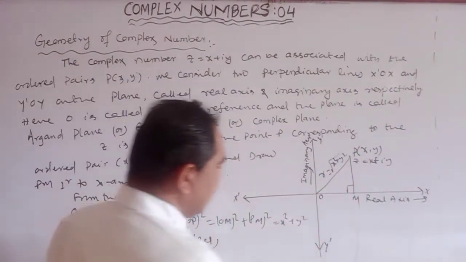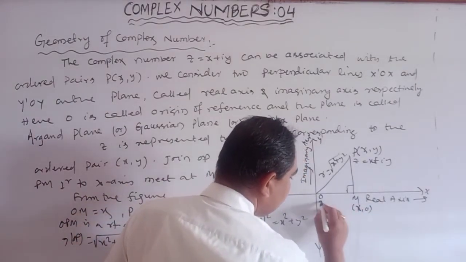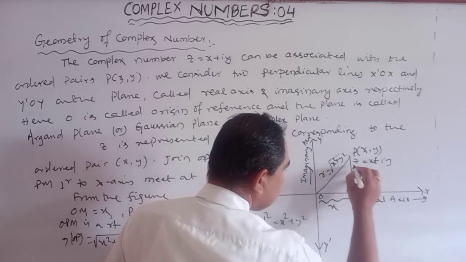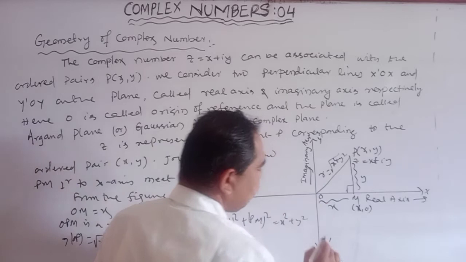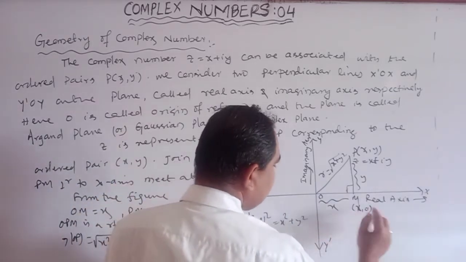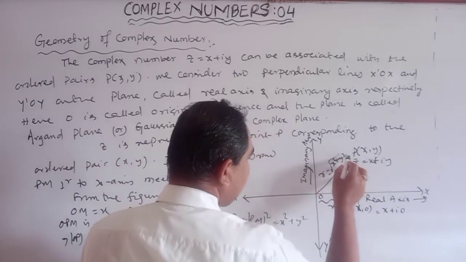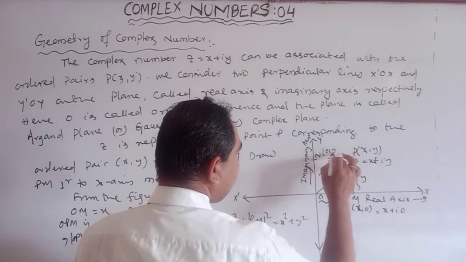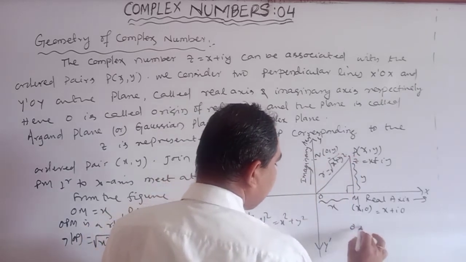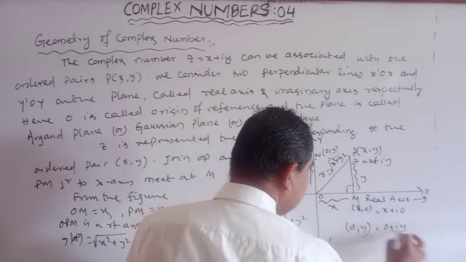So coordinate of M is x comma 0. So this length is x, this length is y. So M is x comma 0, that means x plus i into 0. And this is N, that means 0 comma y. 0 comma y means 0 plus i into y.